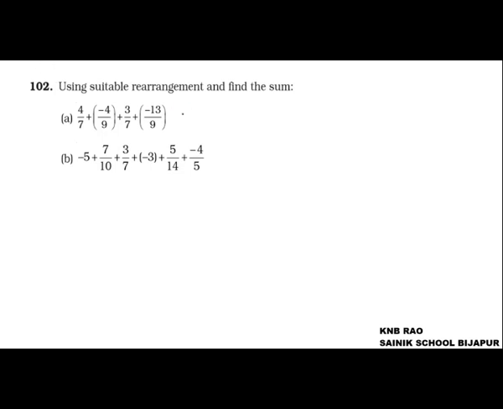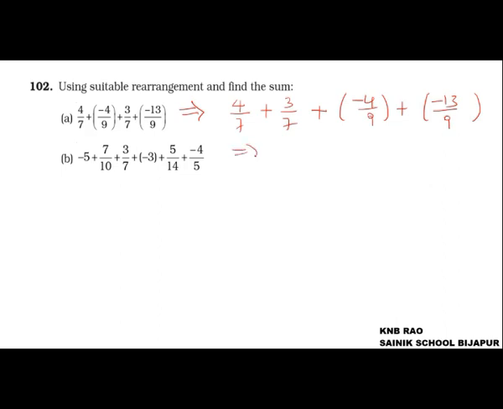In question number 1, we can first bring 4 by 7 and 3 by 7 together because they are both rational numbers with the same denominator 7. Next, we can bring minus 4 by 9 and minus 13 by 9 to one side together.